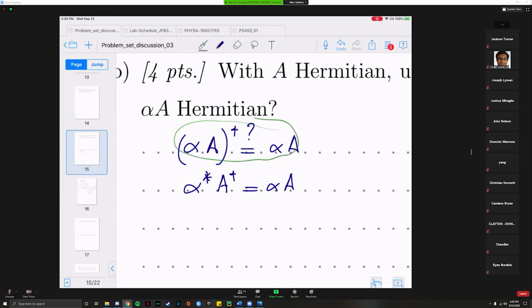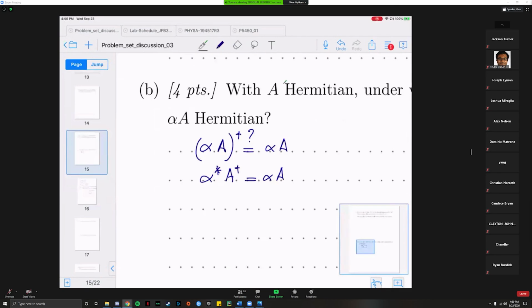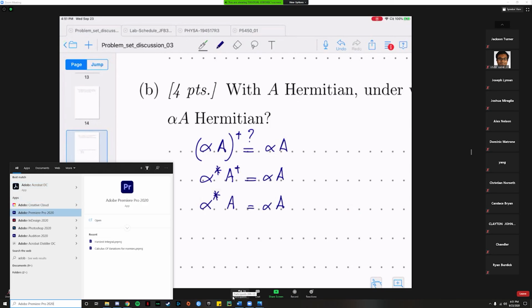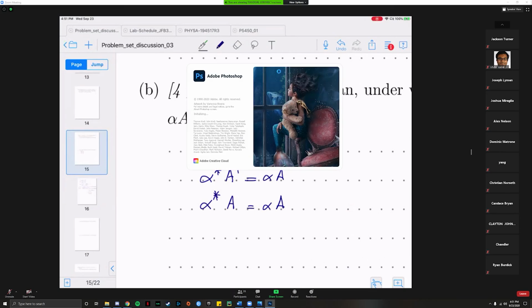But then you are told that A is Hermitian, so that means that A dagger can be replaced by A. So you have alpha star A equals alpha A, which means that alpha star must be equal to alpha, which is just saying that alpha is real. I see. Yeah, that makes sense now. Thank you. You're welcome.